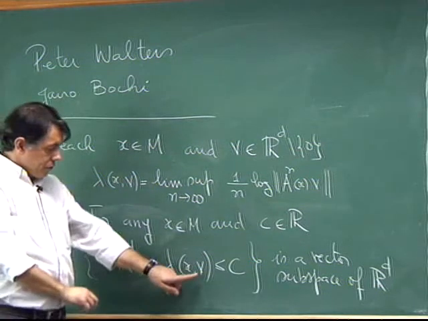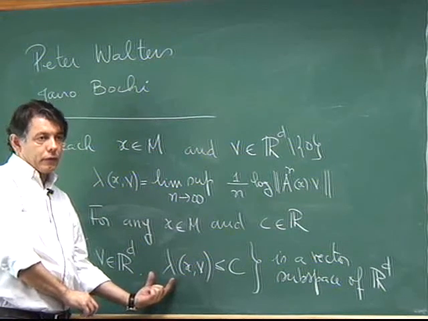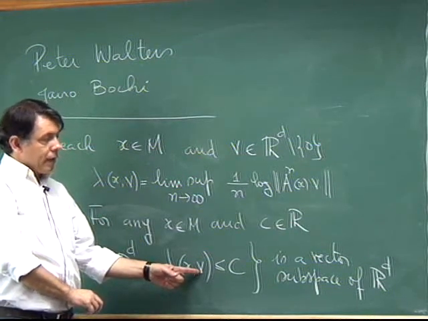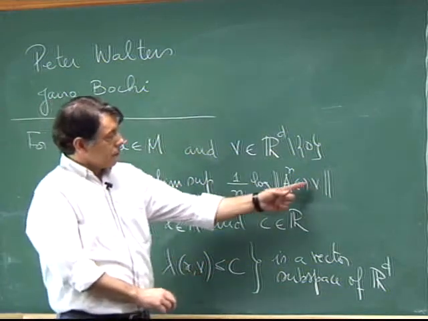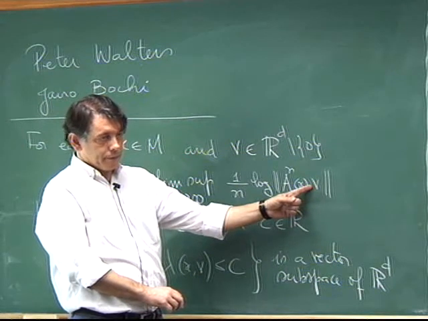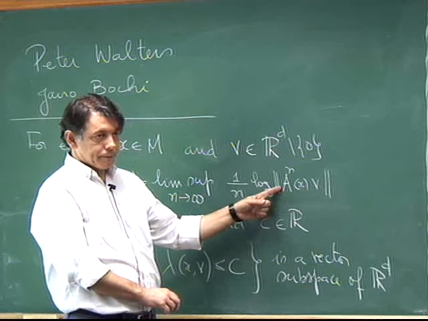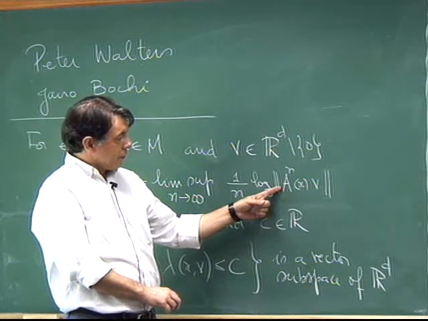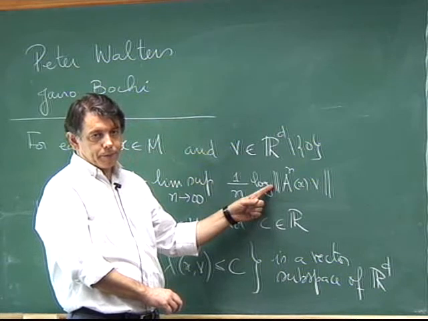First of all, if a vector v belongs in this set, and you multiply v by a scalar constant, what happens to this constant? By linearity, the constant comes here. Due to the properties of the norm, the constant comes here with absolute value.